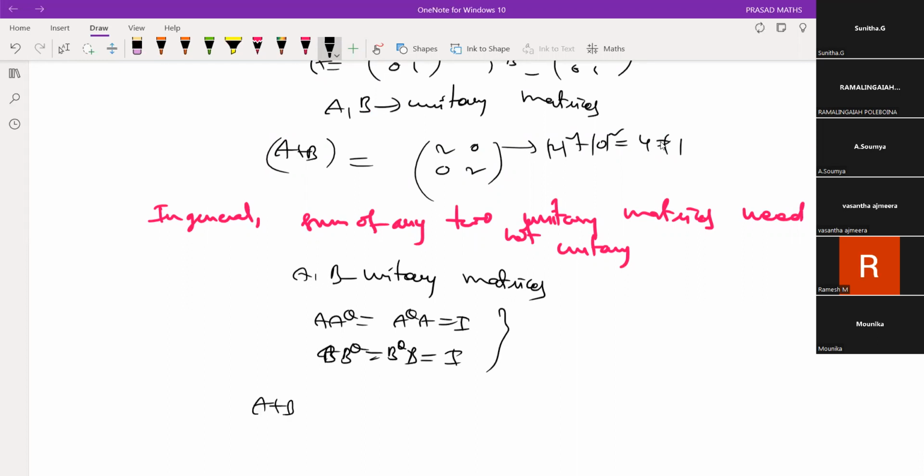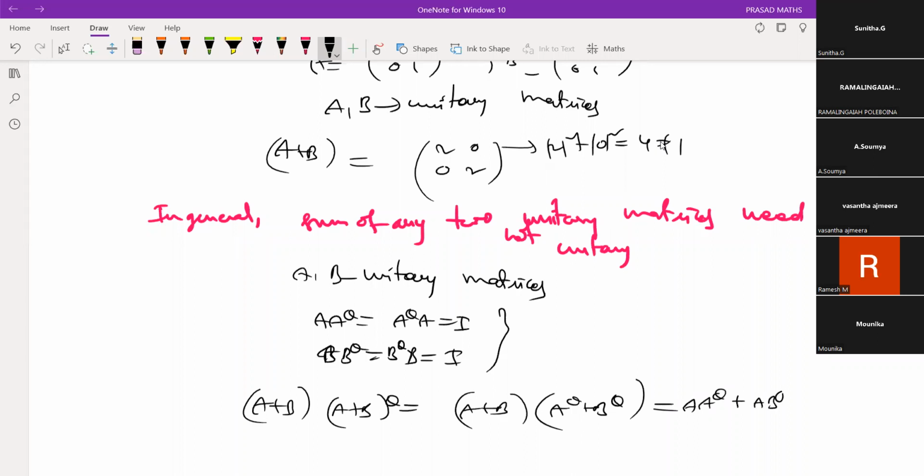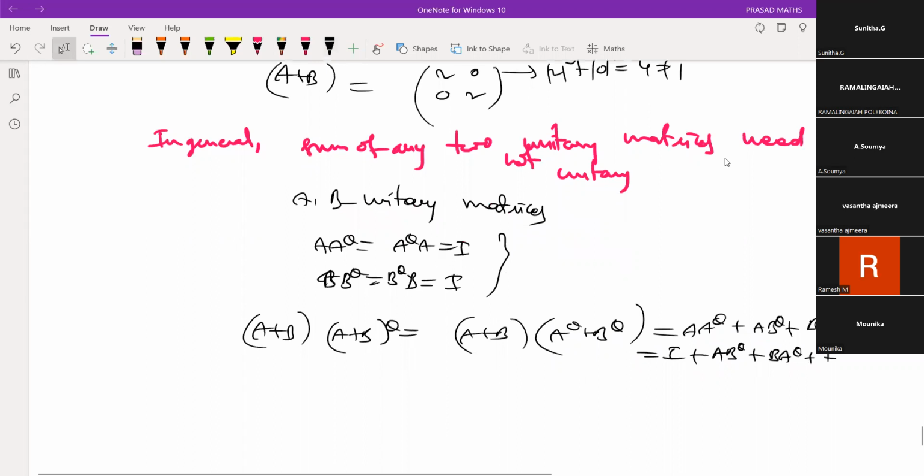Look at the sum: (A plus B) into (A plus B) theta, which is the transpose of the conjugate, as we have seen in the properties of Hermitian matrices. That is A A theta plus A B theta, plus B A theta plus B B theta. That means this is I plus A B theta, plus B A theta, plus I. In general, this is not equal to I.